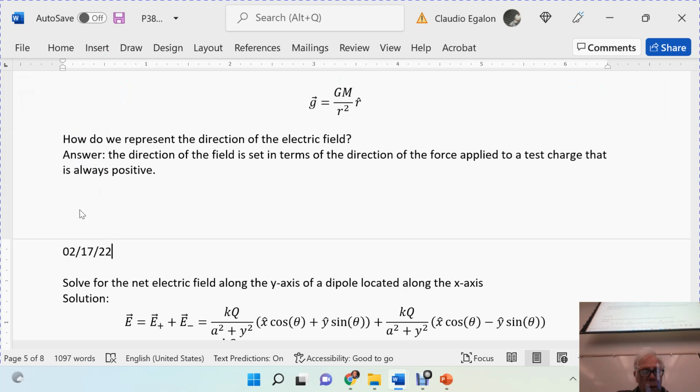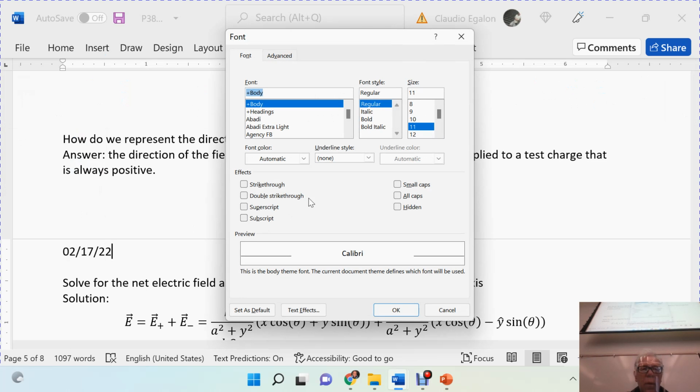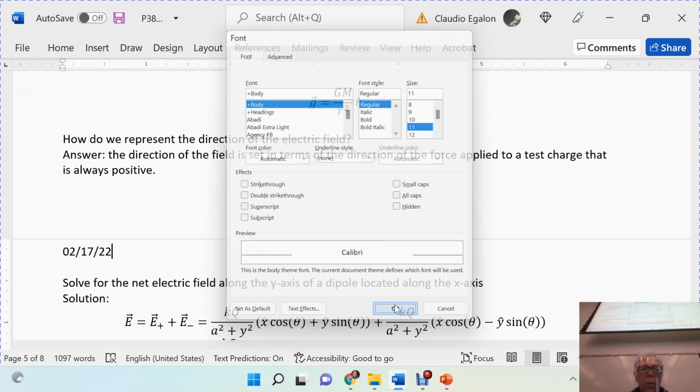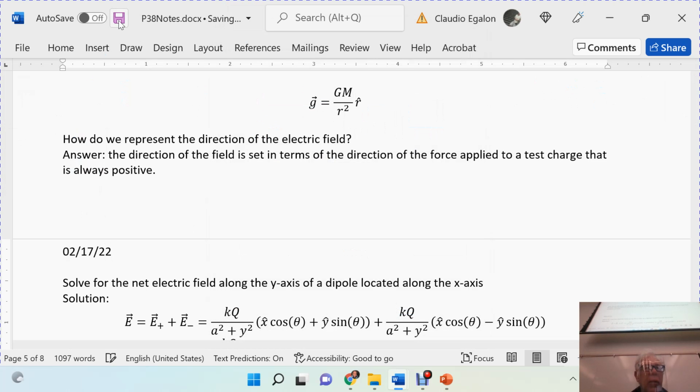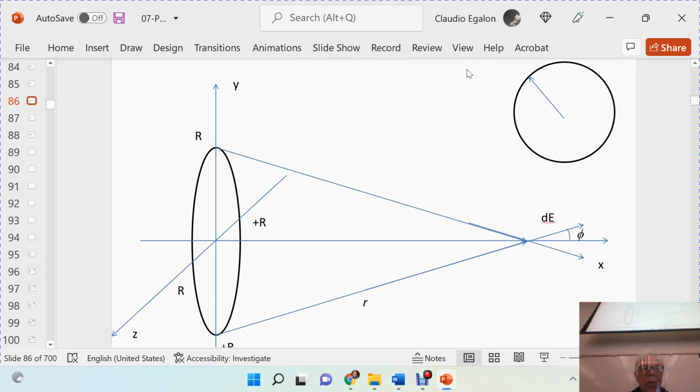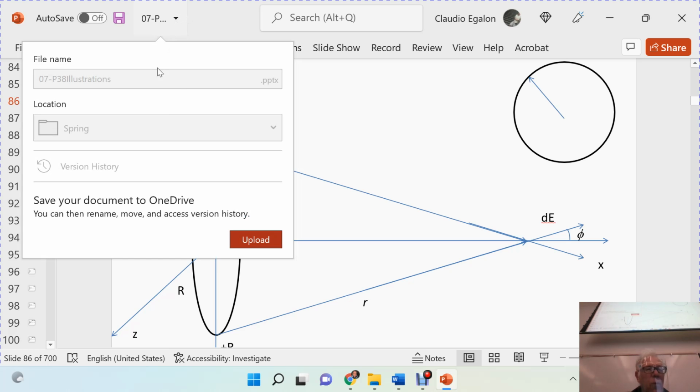Save it. Why didn't I save it? He's asking me to save the document online.